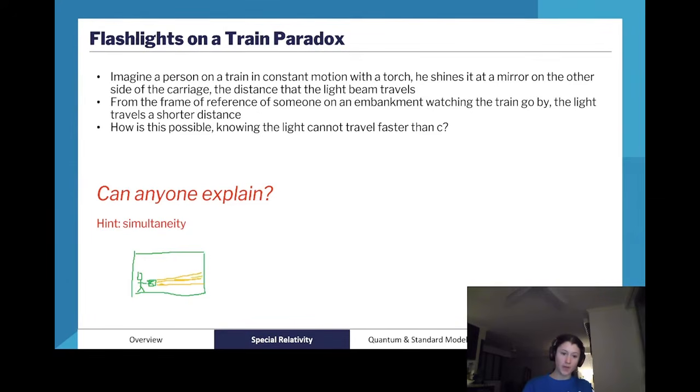Right? And the carriage is moving in this direction.